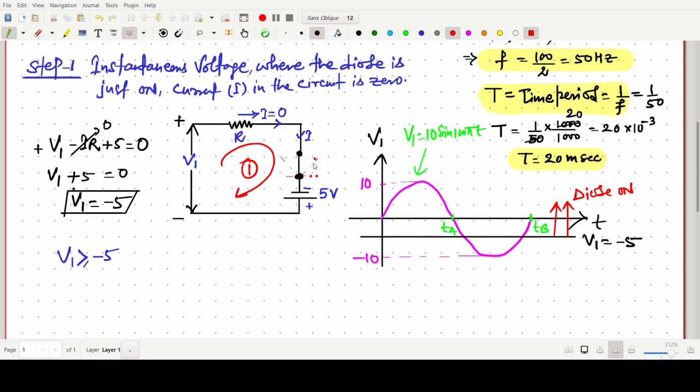So the diode will be in the on state, or we can say forward bias.